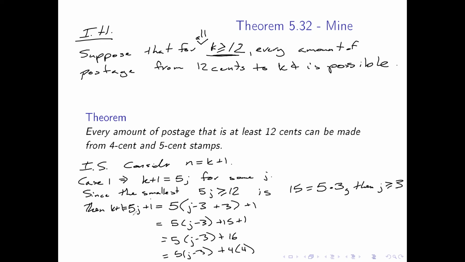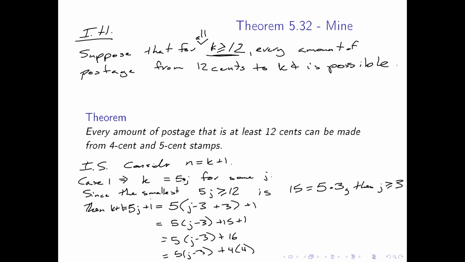We just wrote that this form is written in here because case one is that k, I totally messed this one up, is that k is a multiple of 5. In which case we simply took away 3 of the 5s and so forth. So I messed this one up.